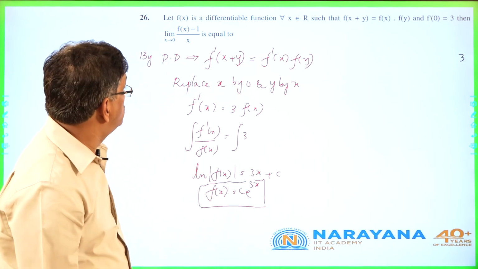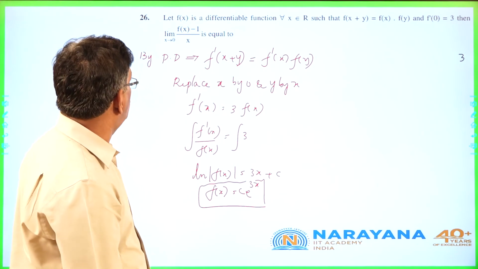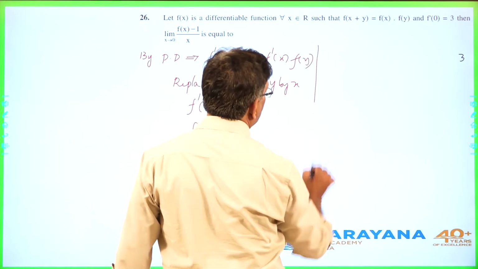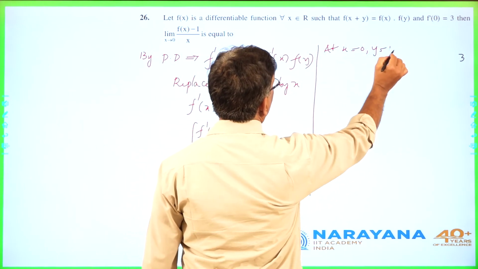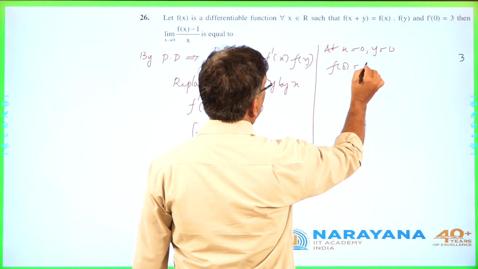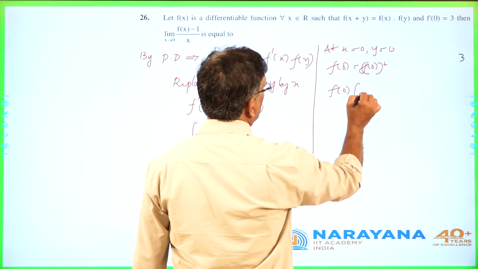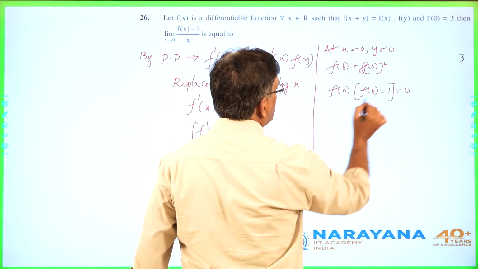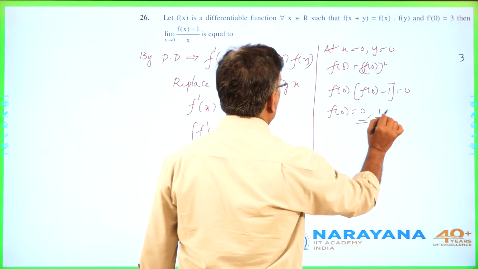Now he has given that information to find out what that is. If you put x equal to 0, y equal to 0, f of 0 is f of 0 whole square. f of 0 into f of 0 minus 1 is 0. So f of 0 is either 0 or 1.